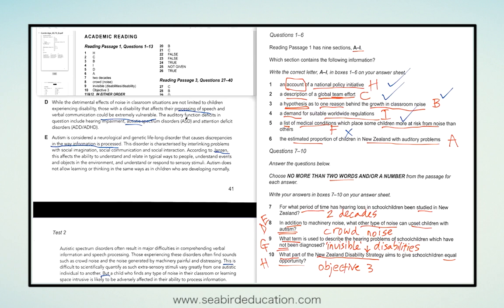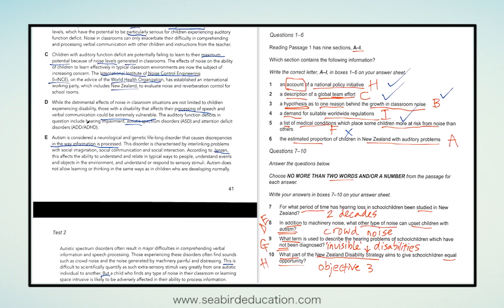It's a list of medical conditions: hearing impairment, autism, ADHD.